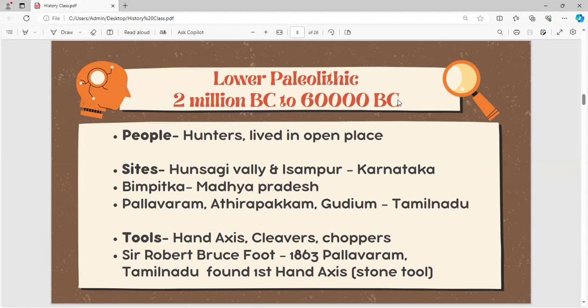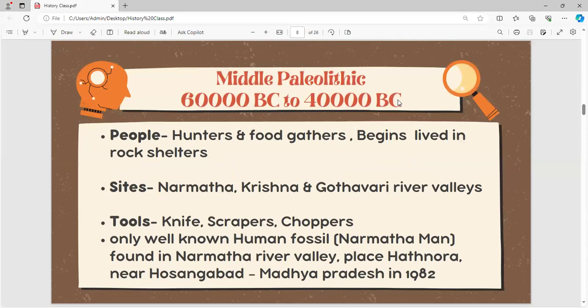Next, the Middle Paleolithic period, from 60,000 BC to 40,000 BC. In this period, people continued their work as hunters, and they also did food gathering. And they started to live in rock shelters.